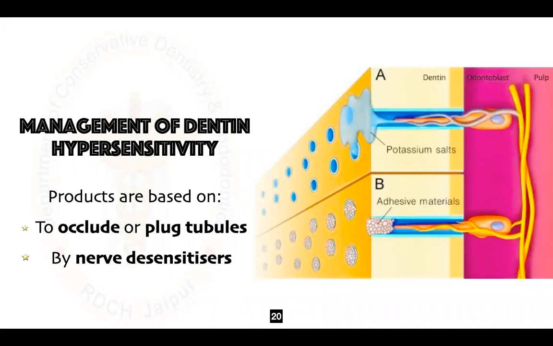The first concept is to occlude or to plug the dentinal tubules. As you can see in diagram A, some kind of product or some kind of salt which is potassium based is placed on the tubule, and it has absolutely blocked the tubule.